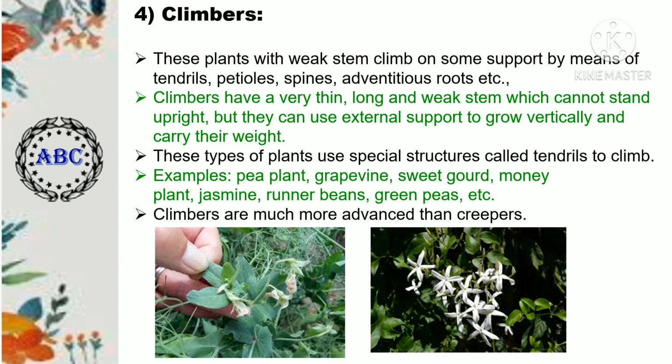They use external support to grow vertically and carry their weight. These types of plants use special structures called tendrils to climb. The examples are pea plant, grapevine, sweet gourd, money plant, jasmine, runner beans, green peas, and so on. Climbers are much more advanced than the creepers.